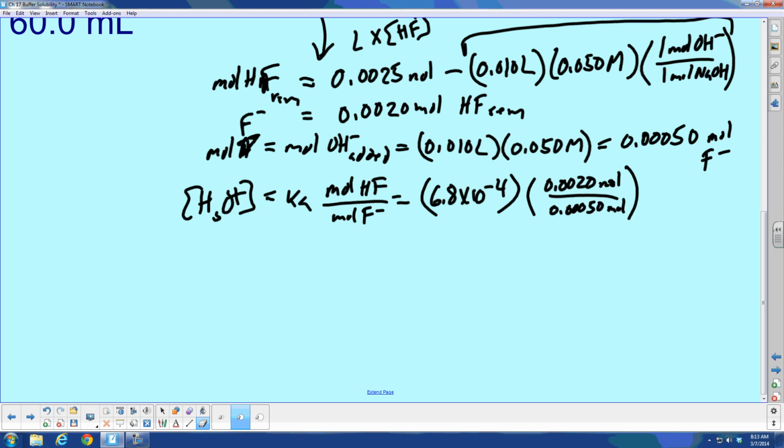Okay, so I take that, divide that by that, equals that, inverse that, times 6.8 times 10 to the minus 4, and I get something along the lines of 2.72 times 10 to the minus third. Take the negative log of that, and I get my pH equals 2.57. All right, so that's how I got my pH there.